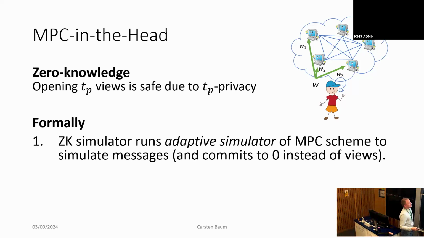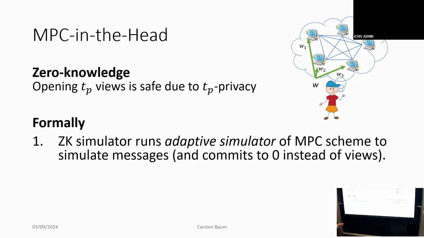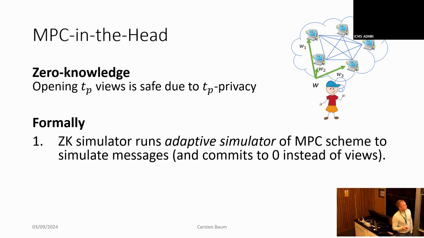If you want to be a bit more formal, you have to build a simulator for this. And you need to assume that your simulator simulates an adaptively secure MPC scheme, because you're simulating all these views, giving them out to the adversary in a committed way, and only then the adversary is going to choose which parties to corrupt. So you're in an adaptive setting. And you need so-called equivocable commitments; standard commitments are not enough to make this go through.